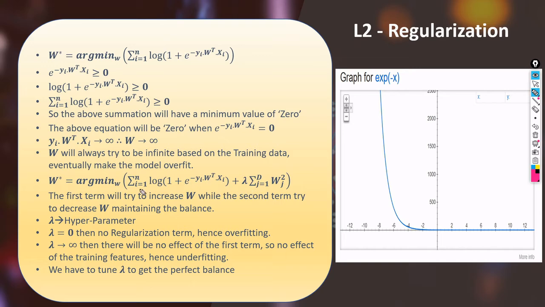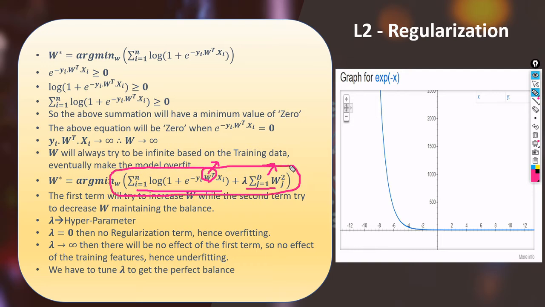Previously, to minimize that, W was tending to infinity or a very large value. Now there is another W term in this function, right? So if this W is tending towards infinity, this W will also tend towards infinity, and eventually we will not get the minimum value of the overall function, right? Now the overall function has changed.